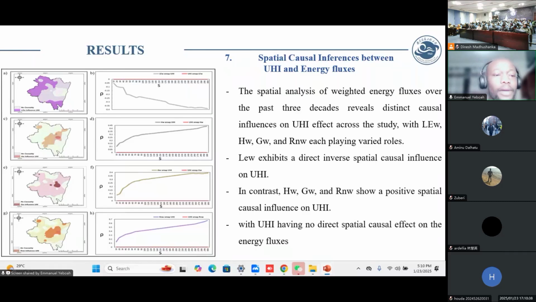In contrast, we can see that ground heat, sensible heat, and net radiation have a positive causal influence on UHI, especially within the city center. But as you go to the outskirts of the city center, the influence tends to reduce. That is because of the action of latent heat or natural surfaces.